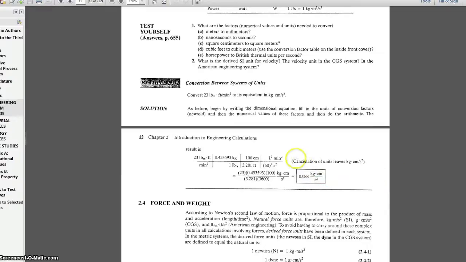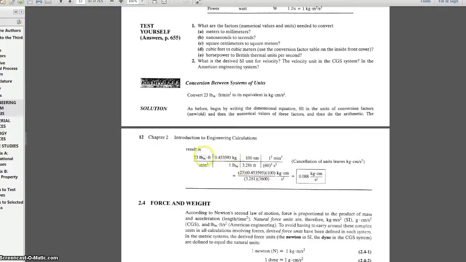So they say here, cancellation of units, leaving kilogram centimeter over second square. How does the cancellation of units work? Because of the conversion factor. Since pound is up here, they put kilogram up here and pound down here. So 0.45 kilogram to 1 pound.